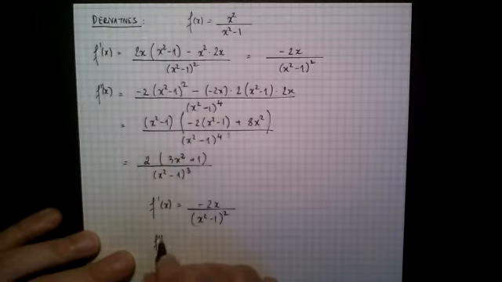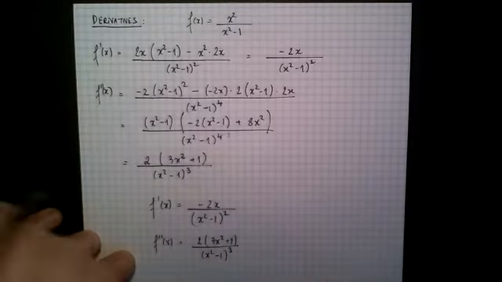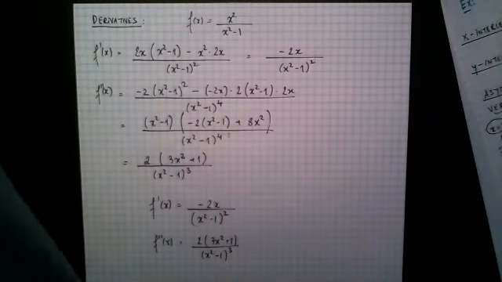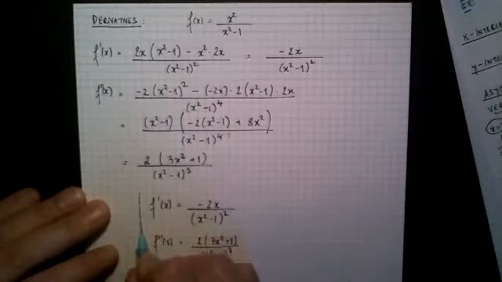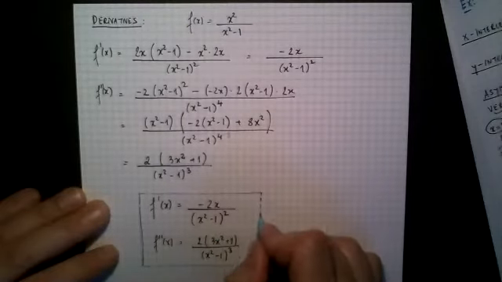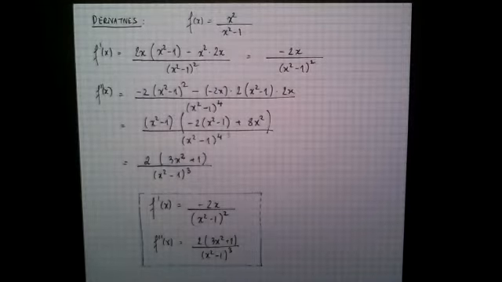And then f double prime of x is 2 times 3x squared plus 1 over x squared minus 1 to the power 3. Questions? Okay.